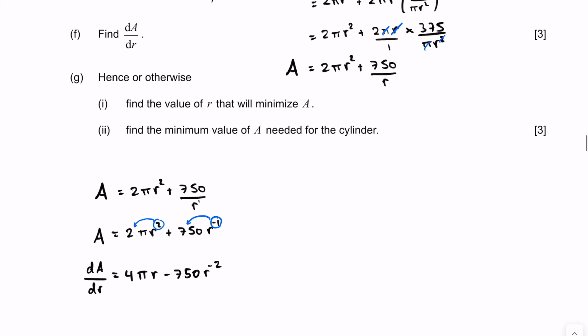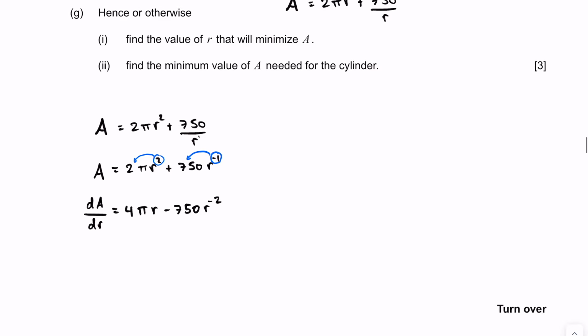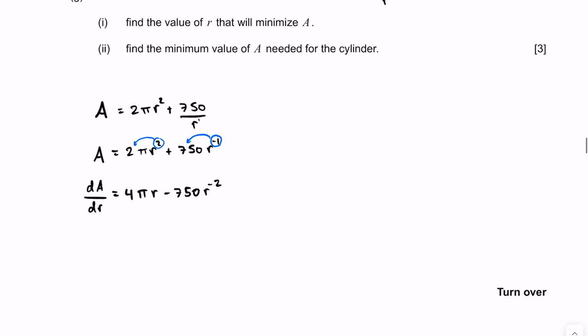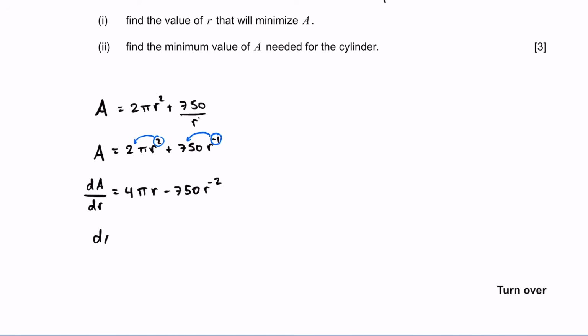If we wanted to use the derivative, we know that our maximum or minimum will be found when the derivative, dA dr, is equal to 0. And just to give an explanation of why that is the case, let's imagine a simple quadratic. What is the minimum point of a quadratic? Well, it's this vertex right here. But in terms of the derivative, in terms of the slope, how can we use the slope to help us find that? Well, let's look at this point right here.